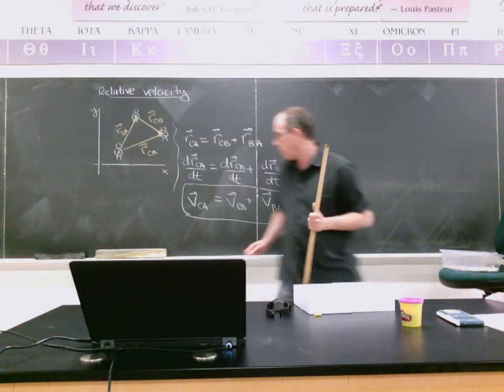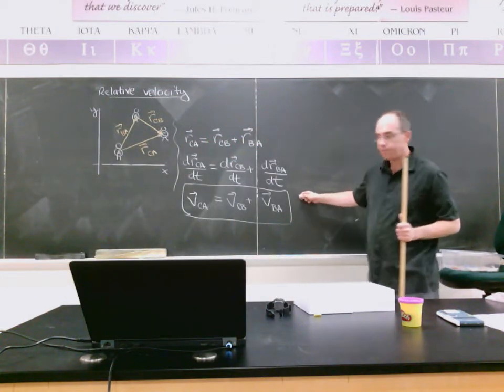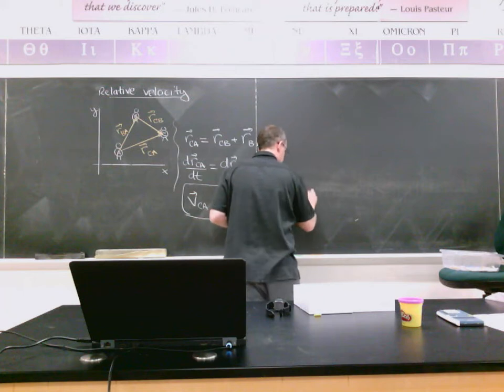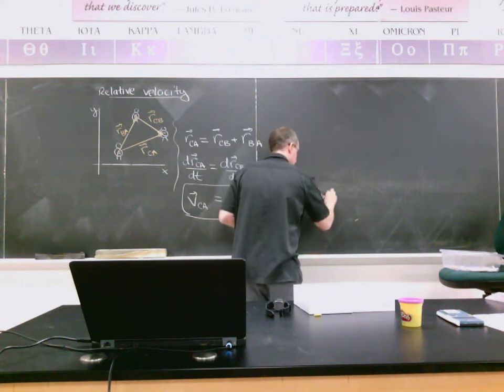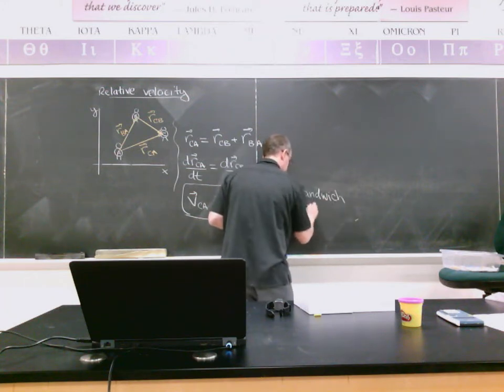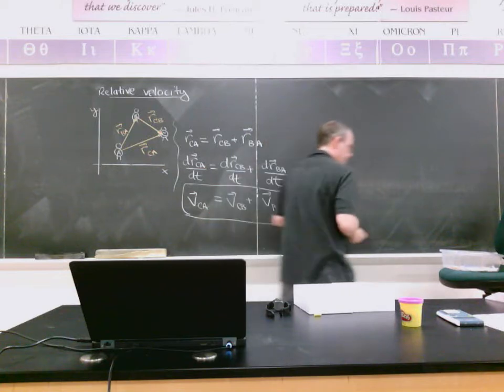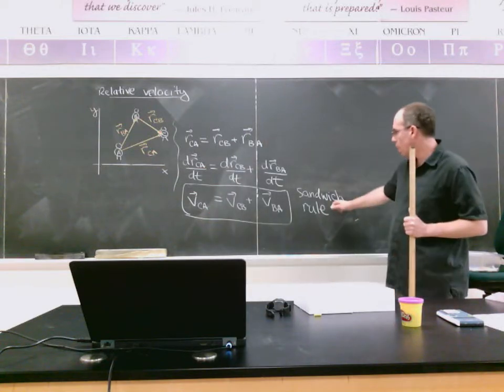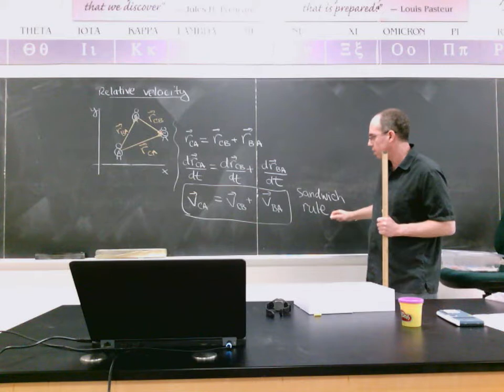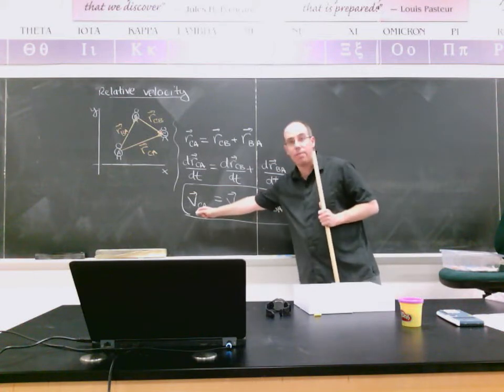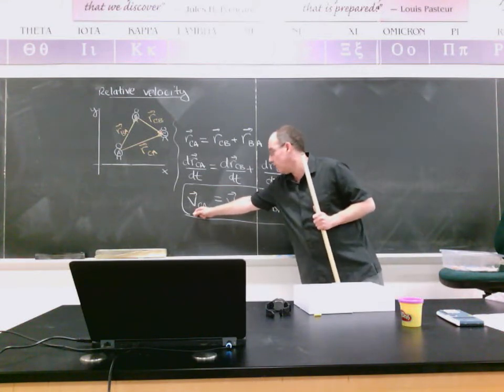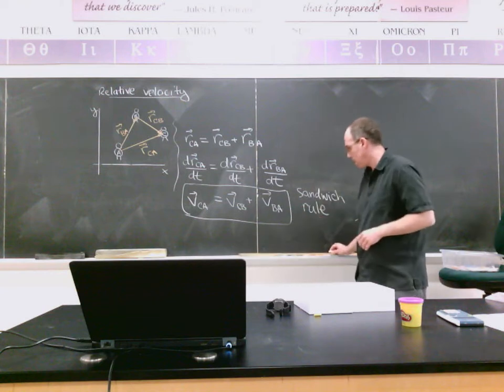Okay? So I like to call this the sandwich rule. Okay? I call this the sandwich rule because if you look at this, on the left I have C and A, right?